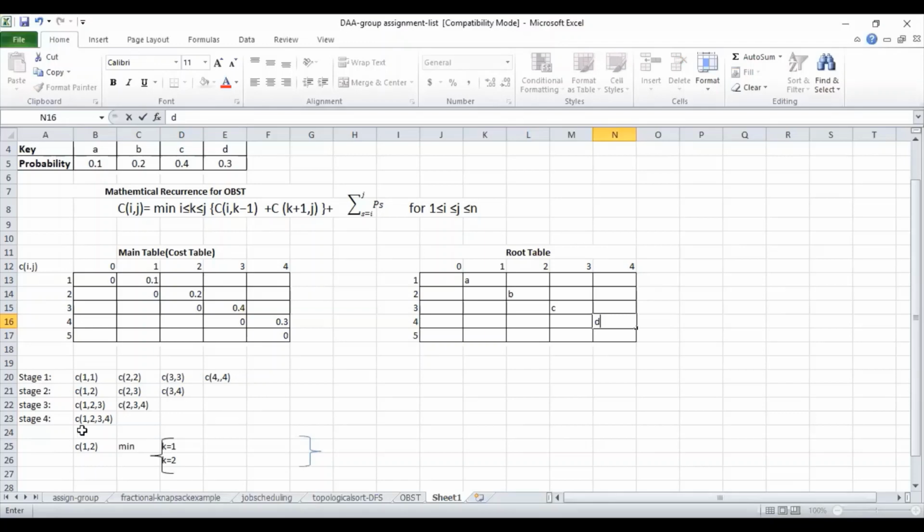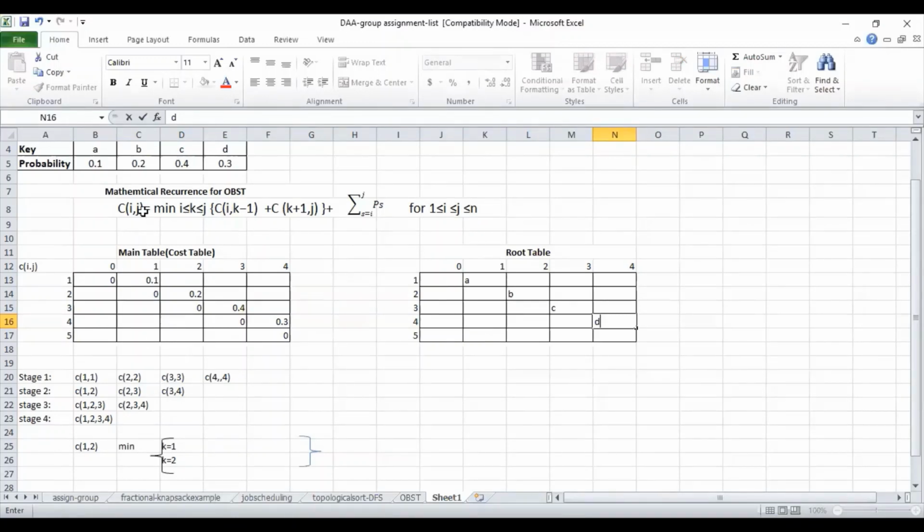When you consider this case, there are 2 possibilities for K: either 1 could act as a root node or 2 could act as a root node. And our aim is to find out which among 1 or 2 gives you the optimal BST. So with the help of this recurrence, we can very easily find out the value of C12.